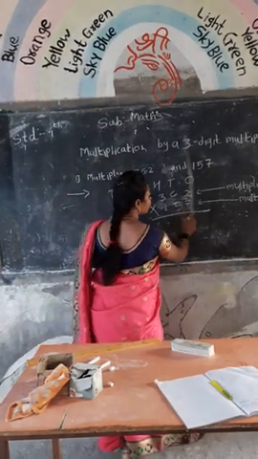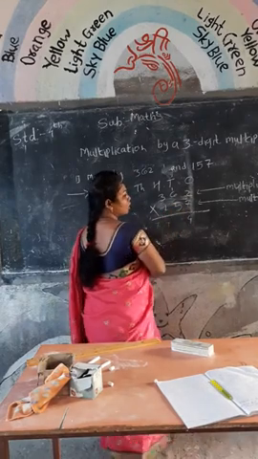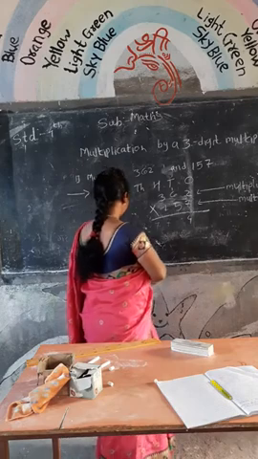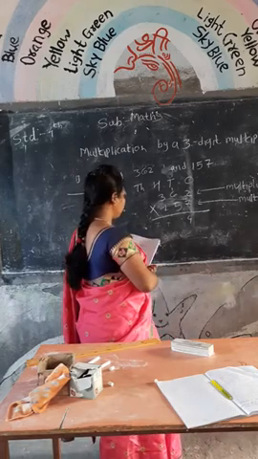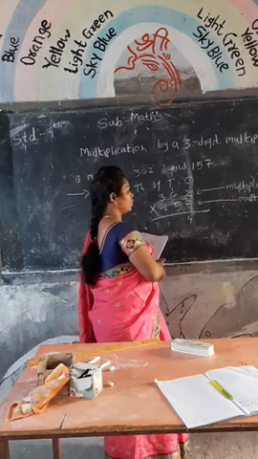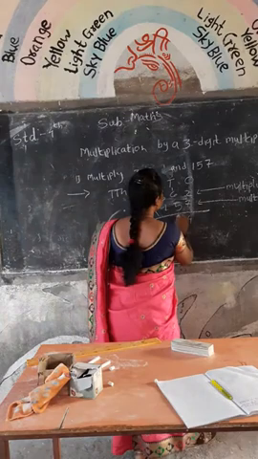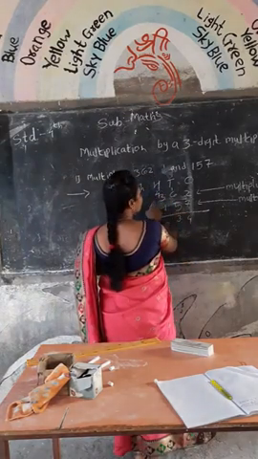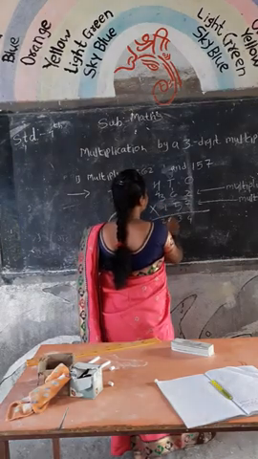7 twos are 14. Carry 1 to the tens place. 7 sixes are 42. 42 plus 1 is 43. Carry 4 to the hundreds place. 7 threes are 21. 21 plus 4 is 25.